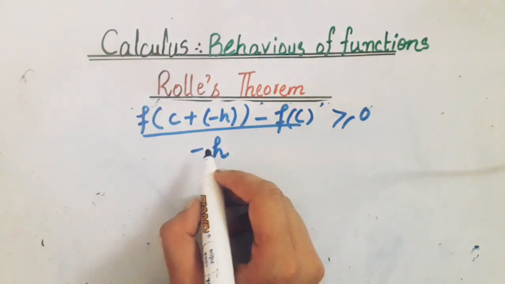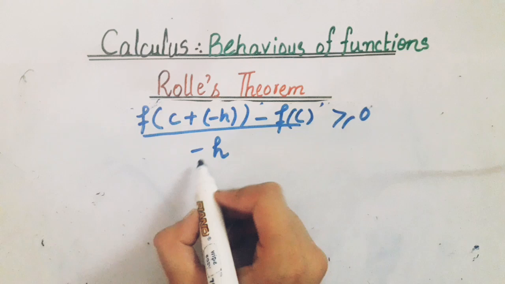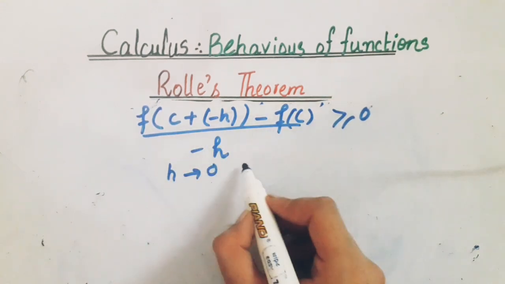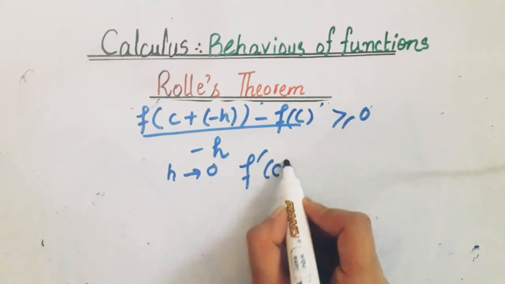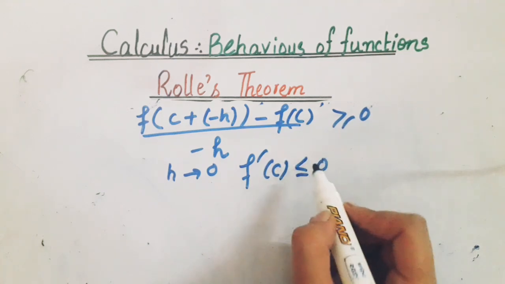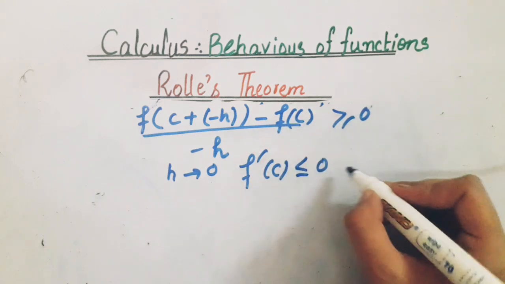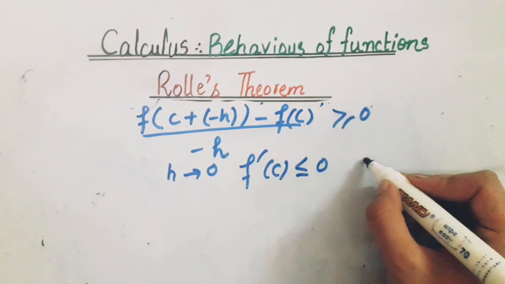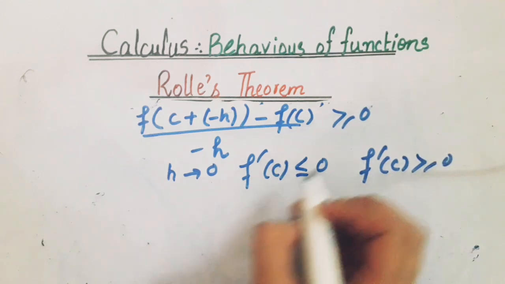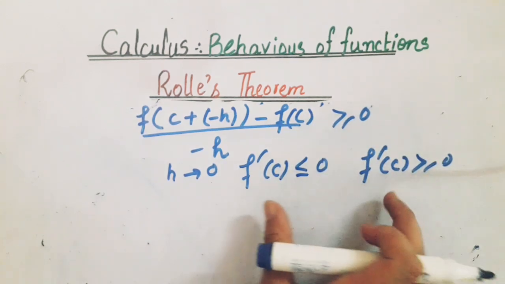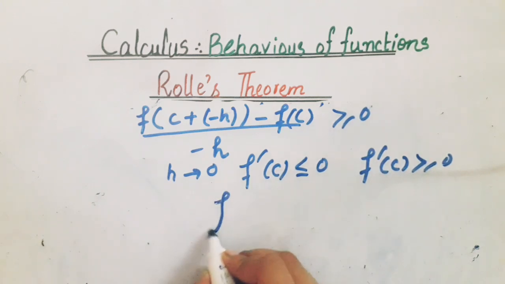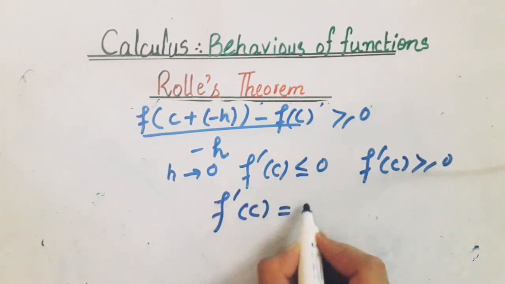Now we take the limit as h approaches 0, which gives the definition of the derivative. So f'(c) is less than or equal to 0 from the previous one, and greater than or equal to 0 from this one. If a value is both less than and greater than or equal to the same value, then f'(c) is equal to 0.